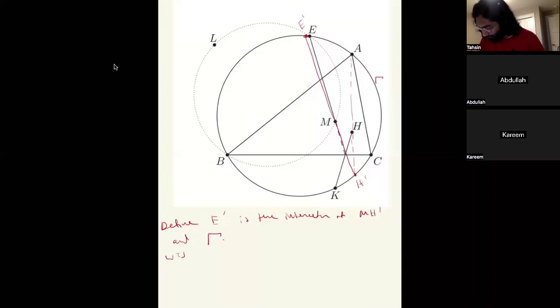I want to show that B, L, M, E prime are concyclic. I think this is easier than what we had before, where you have to intersect some circumcircle with another circumcircle, which is something a little bit stranger to me. But does it make sense, is this a valid reformulation?